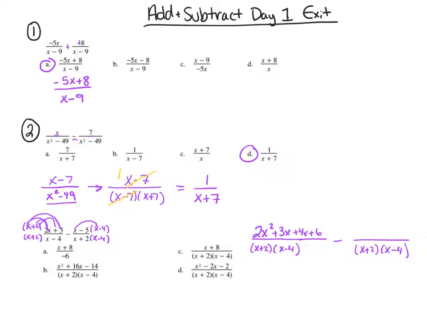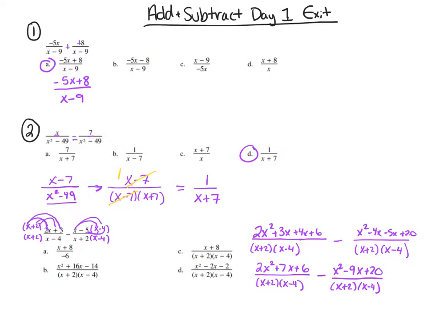So x times x is x squared. x times negative 4 is negative 4x. Negative 5 times x is negative 5x. Negative 5 times negative 4 is 20. So I'm going to be left with 2x squared plus 7x plus 6 all over x plus 2, x minus 4, minus x squared minus 9x plus 20 all over x plus 2, x minus 4.